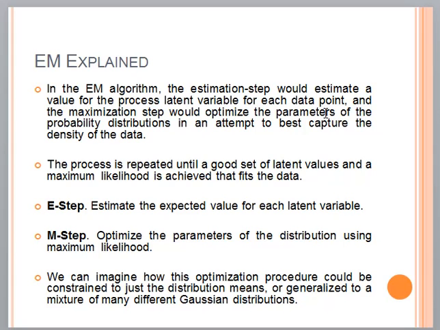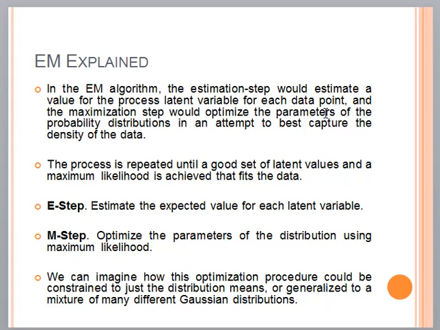So the target is to best capture the data density. The process is repeated until a good set of latent values and a maximum likelihood is achieved, right? So the target is to have a good estimate of the latent values and a maximum likelihood so that it can best fit the data.